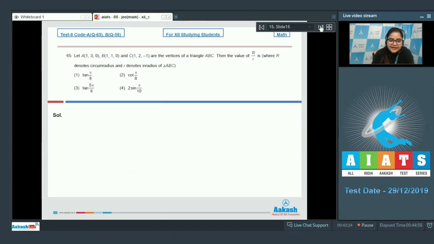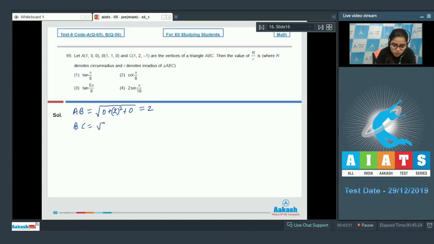Question number 65. Let A, B, C be the vertices of a triangle ABC. Then the value of capital R divided by small r is, where capital R is the circumradius and small r is the inradius of triangle ABC. So first of all, just calculate the length AB. Side AB is equal to the square root of 0 plus 2 whole square plus 0, that is equal to 2.